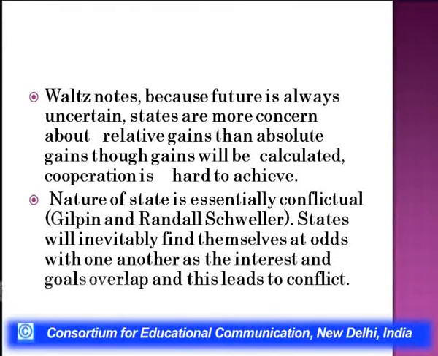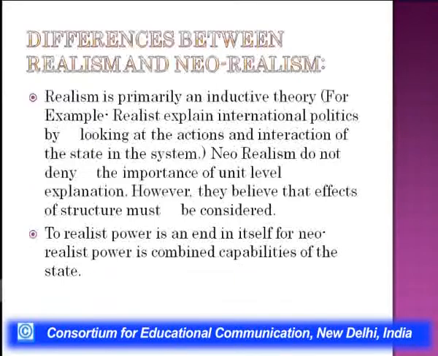Because most of the time we find differences between states and their interests overlapping with each other, and at that time the state has to secure its position only by pursuing its national interest through its capability and power.